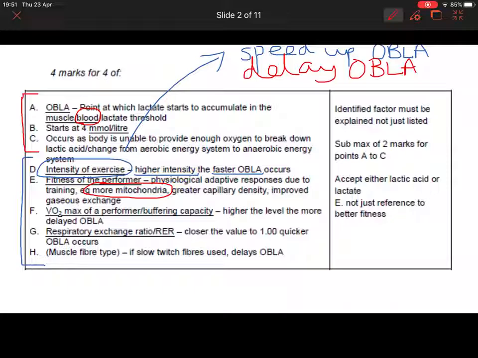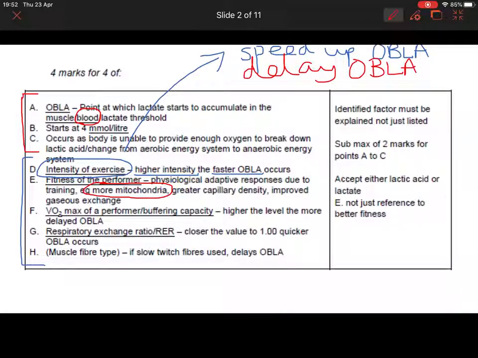Now, more mitochondria is a physiological adaptation if an athlete is doing a lot of aerobic-based training. So therefore, if an athlete has more mitochondria in their muscles, that will delay OBLA. And vice versa, you might say that if an athlete is doing a lot of anaerobic training, they may have fewer mitochondria, and that would therefore speed up OBLA.